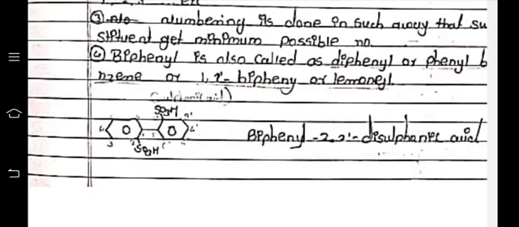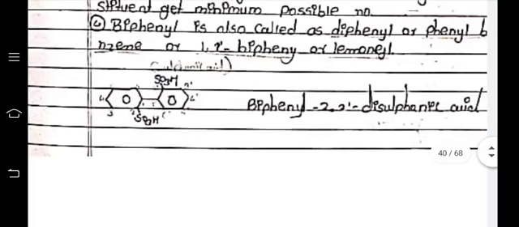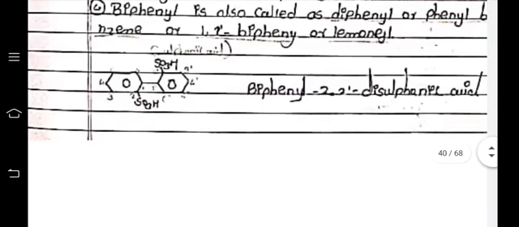Biphenyl compounds have the names diphenyl, phenylbenzene, biphenyl. So here are the biphenyl compounds. Substituents are there on the two different rings.